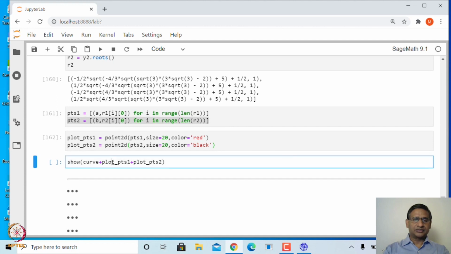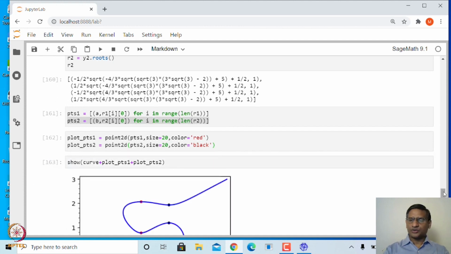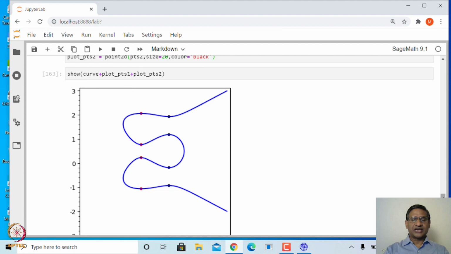When we add these points to the curve, you will see these are the 8 points at which the tangent to the curve is parallel to the x axis. Of course, you could have also plotted the graph of the tangent at these points.